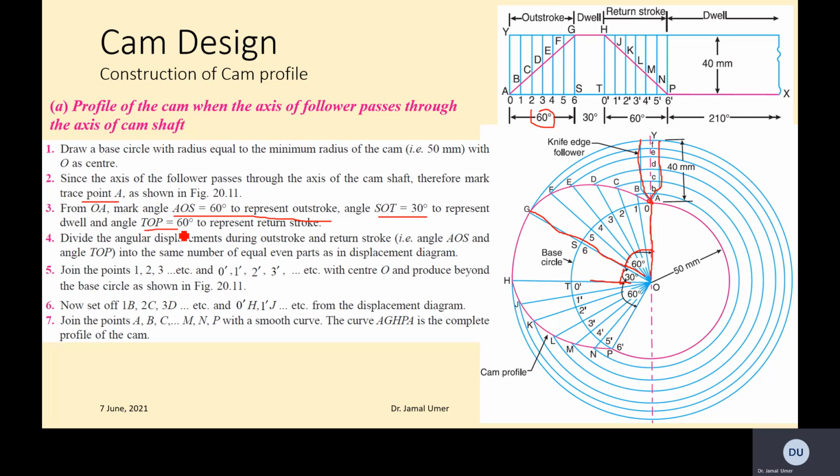And angle TOP 60 degrees once again for the return, so you draw another 60 degrees for the return, right? These 60, 30, 60 were taken from the values given in the displacement diagram. And the remaining angle is 210, the rest of it is the dwell, right?